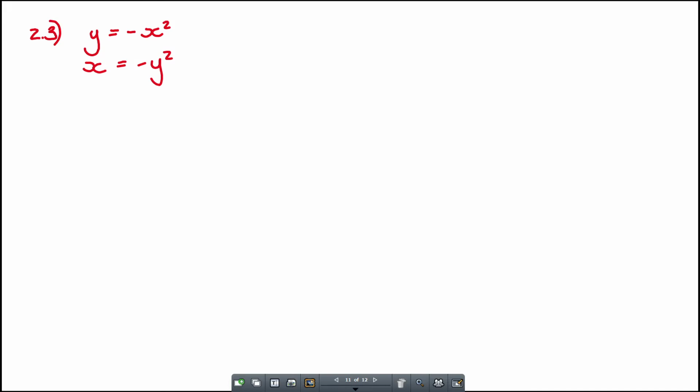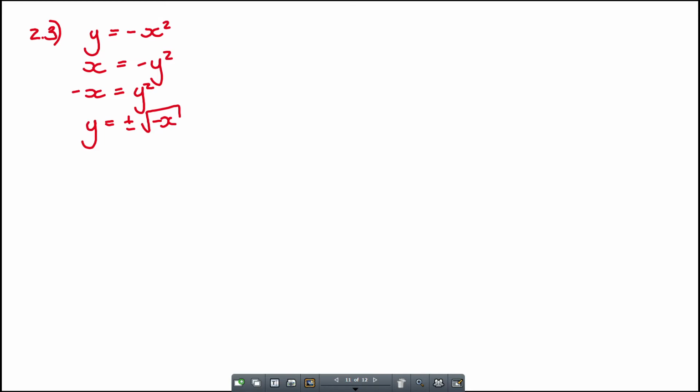So the first thing I want to do is get rid of that minus. So I'm going to divide everything by minus 1, which means it would be minus x is equal to positive y squared now. Okay, en dan moet ek van daai kwadraat gaan ontslaa raak. So y is dan plus or minus square root of minus x. You guys good with that?